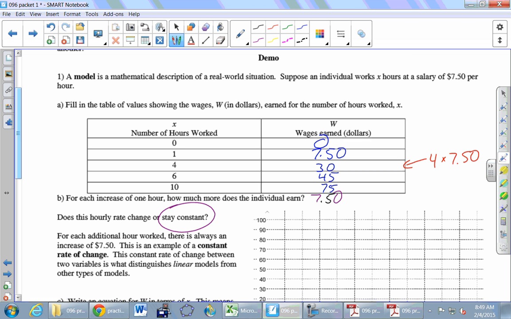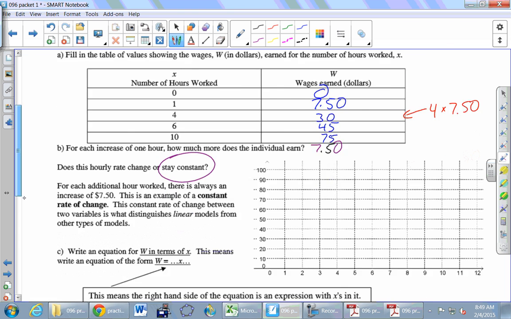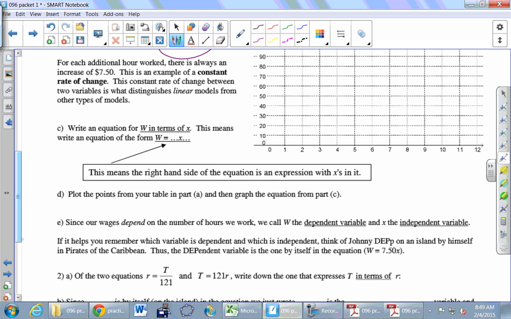It stays constant. And so we'll get Savannah. Can you read this for each? Okay, thank you. So let's see if we can do part C now.